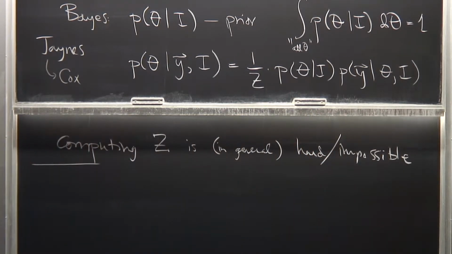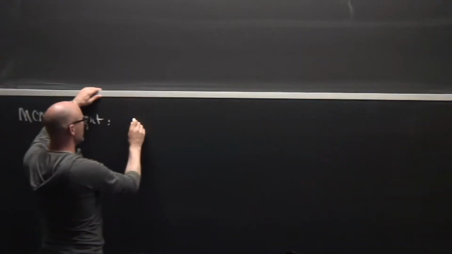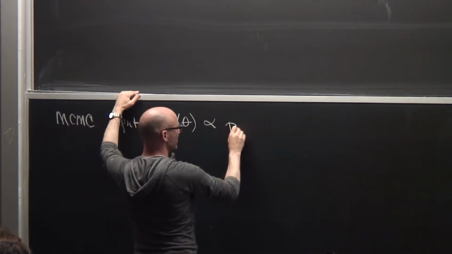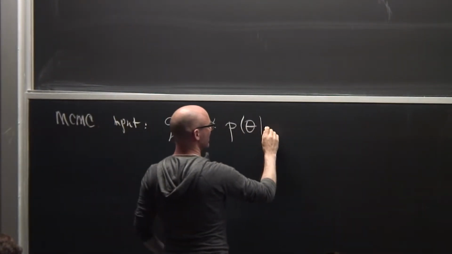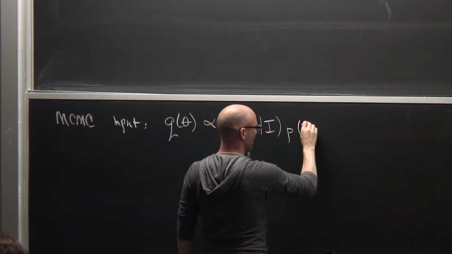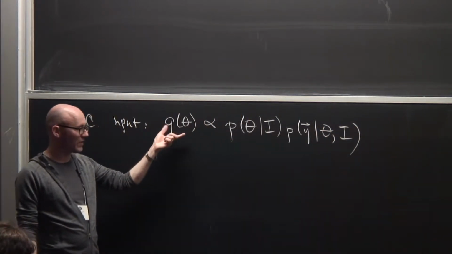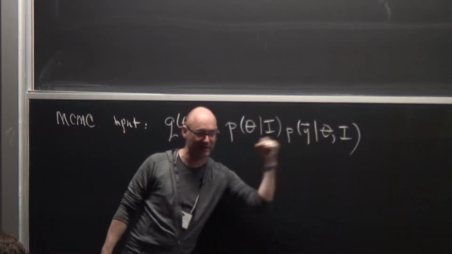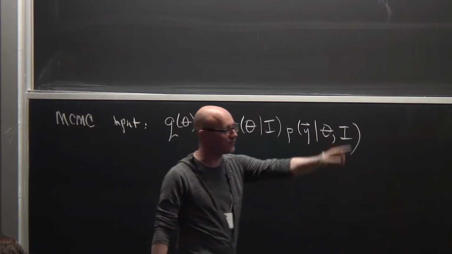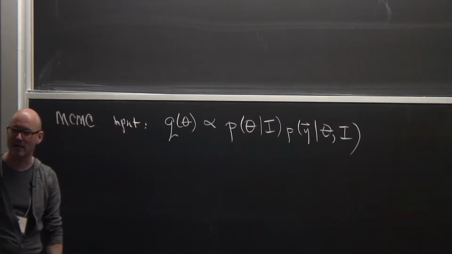So I need some G, let's call it q of theta, which is proportional to P of theta given, let me write it fully out. All I need is a function q of theta that's proportional to this. And if I have that function, I can generate a fair sampling from the properly normalized probability distribution. And that's what MCMC does.